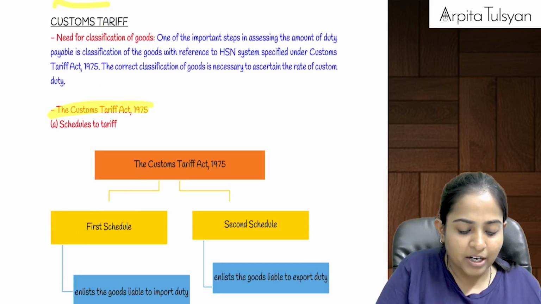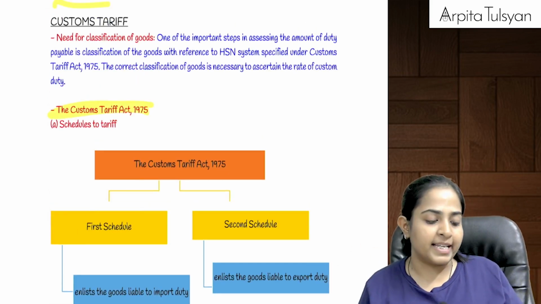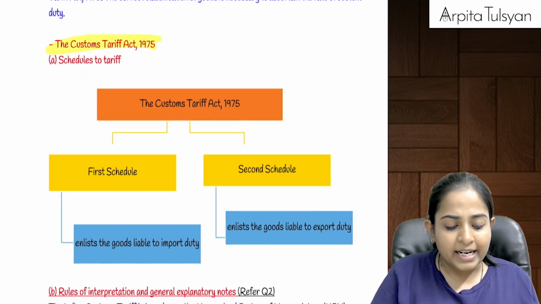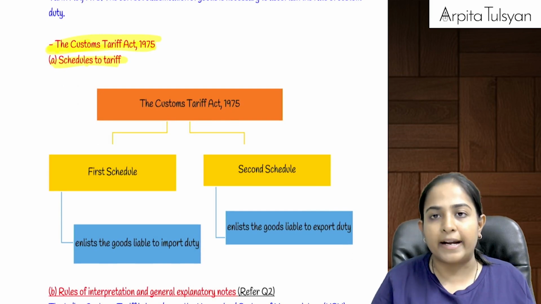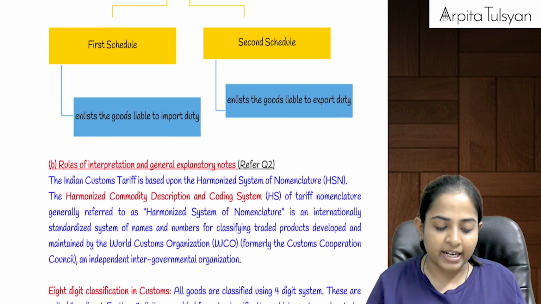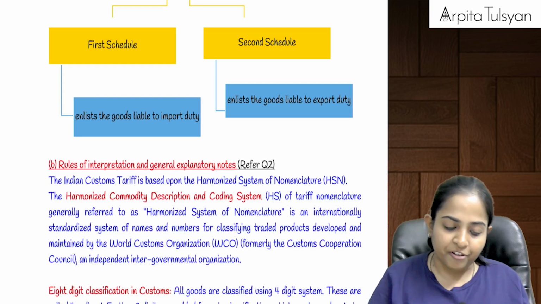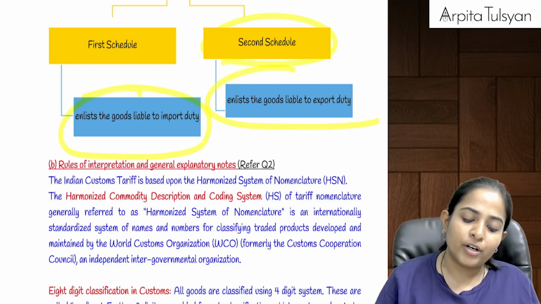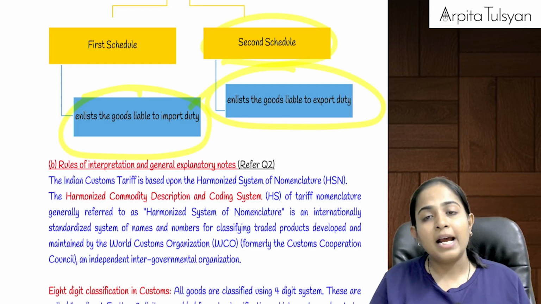Now, since we are talking about classification and rates of duty, the Customs Tariff Act becomes applicable here. In the Customs Tariff Act, there are two schedules: the first schedule talks about goods which are liable for import duty, and the second schedule talks about goods which are liable for export duty.